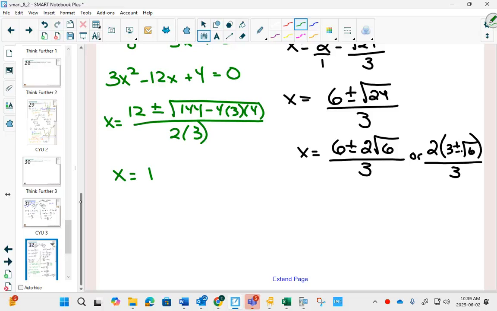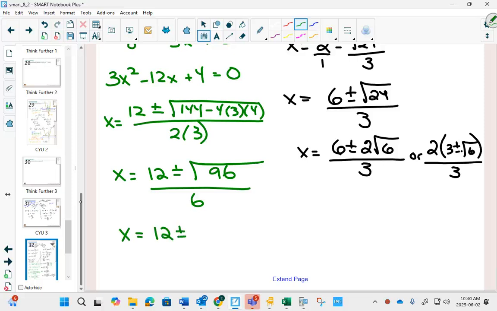So this is also a correct way about going about this. But the mental math might be a little bit harder. 16 times 3 is 48, 96 over 6. This is our final answer. Notice this answer doesn't match up yet because we can simplify the square root of 96. The square root of 96 is 16 times 6, and the square root of 16 is 4.